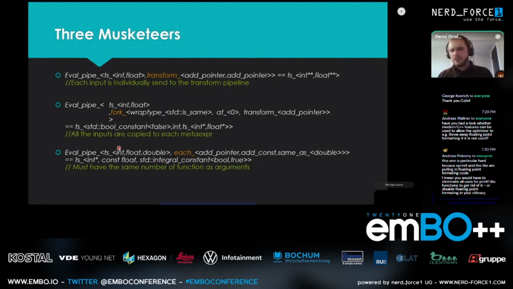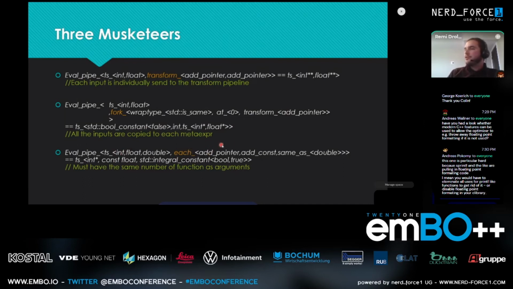Each is the least useful one, but it's basically an optimization. You have to have the same number of inputs and meta expressions, and the first input will go into the first meta expression, the second input will go into the second meta expression, etc. So in the case of TS int float double each, it's very badly named, I know.